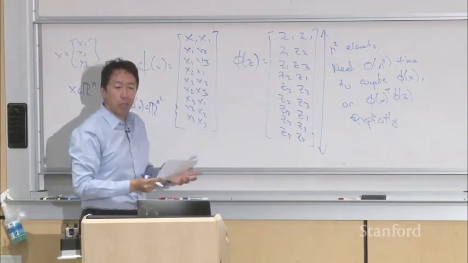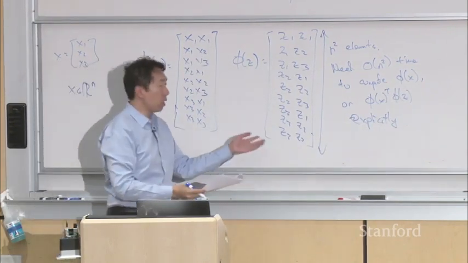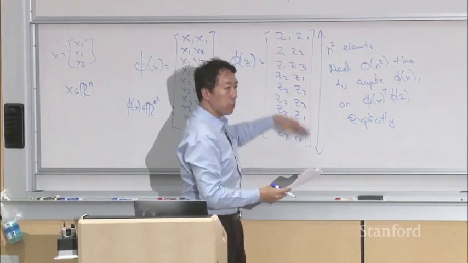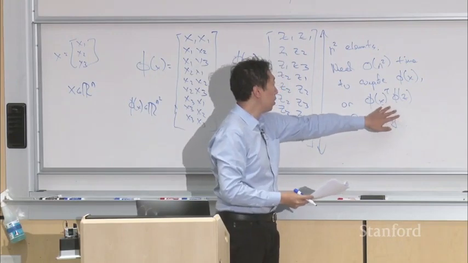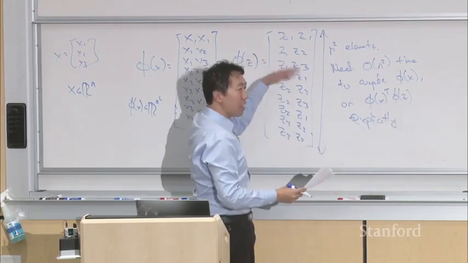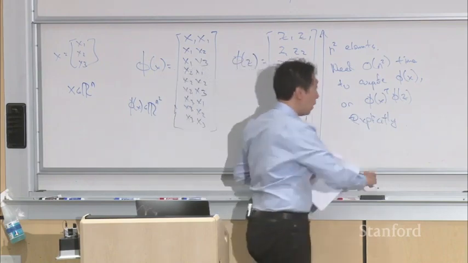So if you want to compute the inner product between phi of x and phi of z, and you do it explicitly in the obvious way, it'll take n squared time to compute all of these products and then sum them up, right? And it's actually n squared over 2 because a lot of these things are duplicated, but that's still order n squared.